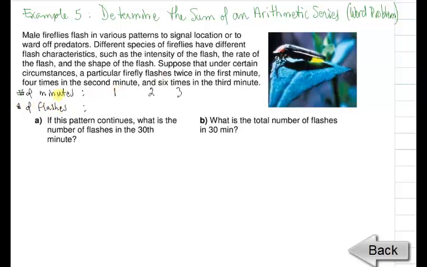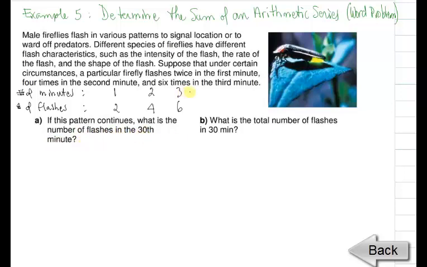So for the first minute, it was 2 times, and the second minute, it was 4 times, and on the third minute, it was 6 times. Okay, so we're going to be asked 2 questions. On the first one, if this pattern continues, what is the number of flashes in the 30th minute?